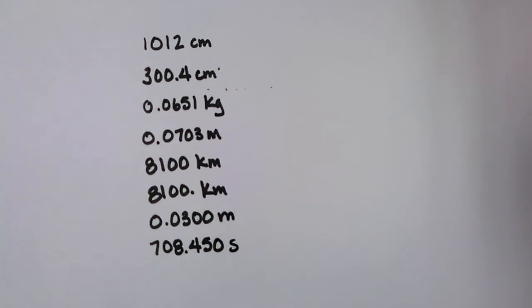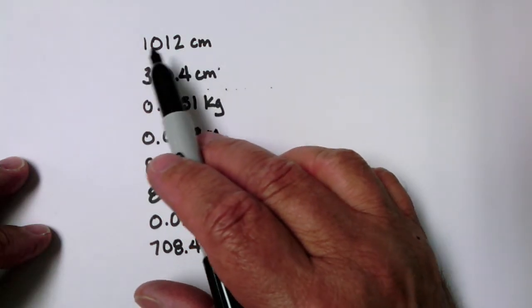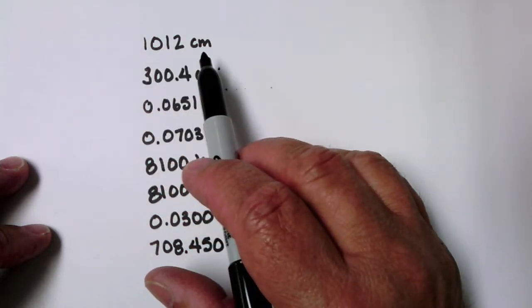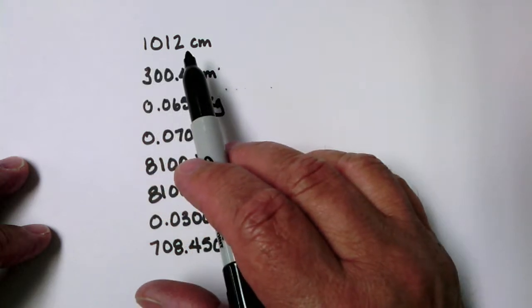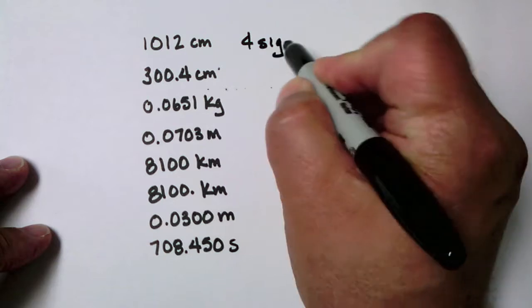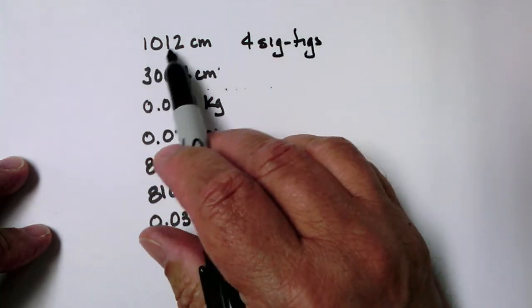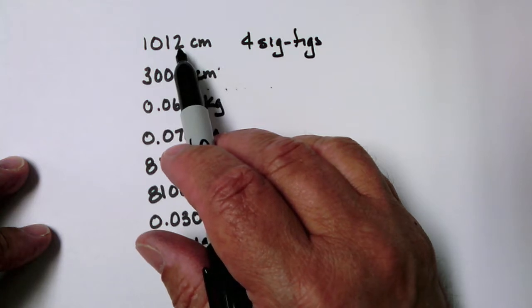So let's apply the rules for significant figures to these different numbers. In this first one, we can see that it's 1,012 centimeters. This number has 4 significant figures. The 1 and the 2 are all significant because they're non-zero values.